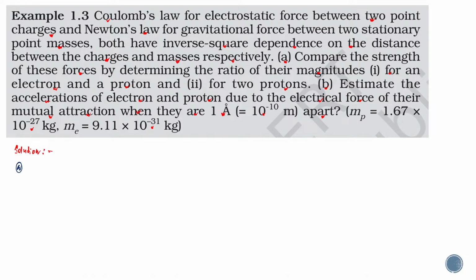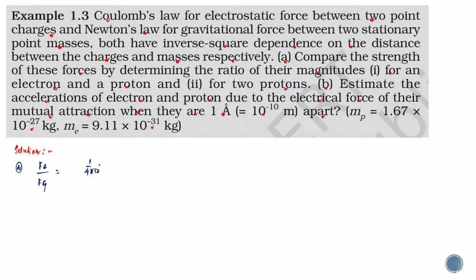In A it asks us to compare the strength of the forces by determining the ratio of their magnitude. It means electrostatic force by gravitational force. So electrostatic force will be 1 by 4 pi epsilon naught into the two point charges, and Newton's law for gravitational force between two stationary point masses.